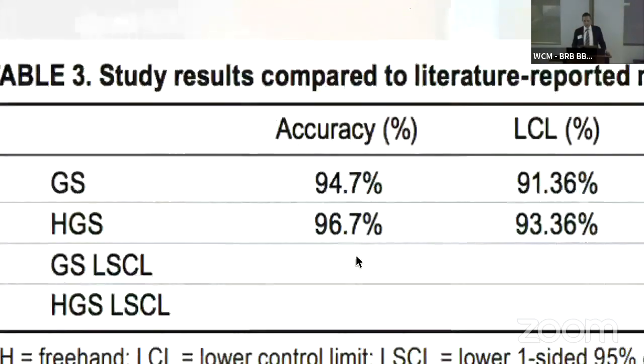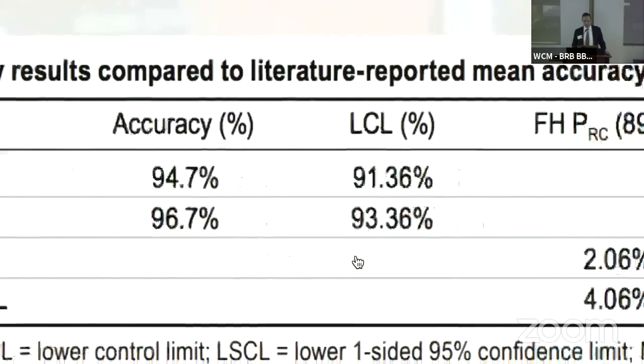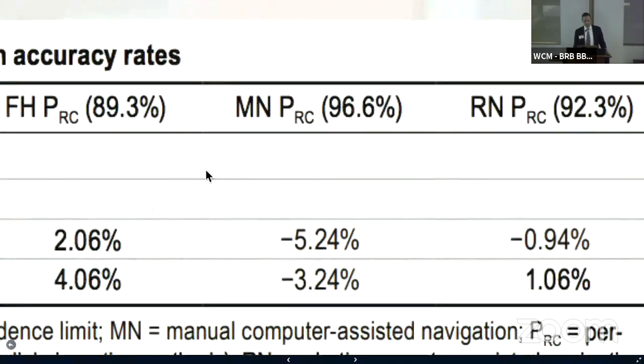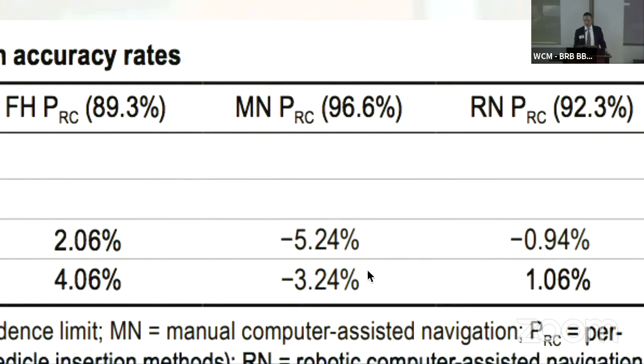So we look at our accuracy rate using the Gertzbein-Robbins system of 94.7% and Heary 96.7. We compare that to reference points for freehand placement, manual navigation, and then robotic placement. And then you look at these numbers below. So basically, any number that's greater than negative 10 is non-inferior.